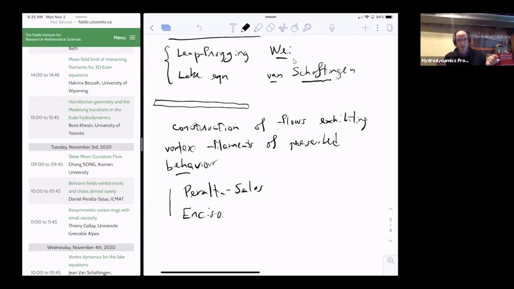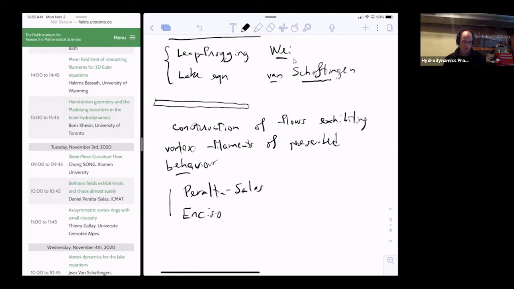The vorticity is not all concentrated. But within this very complicated vorticity, they can find exactly one or a handful of vortex filaments whose behavior they prescribe. And so it's unconcentrated vorticity within which they can prescribe behavior. But they have very interesting techniques. They come from dynamical systems, and they're certainly related in spirit to these other questions about vorticity.